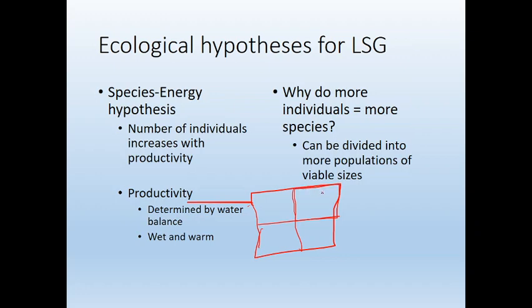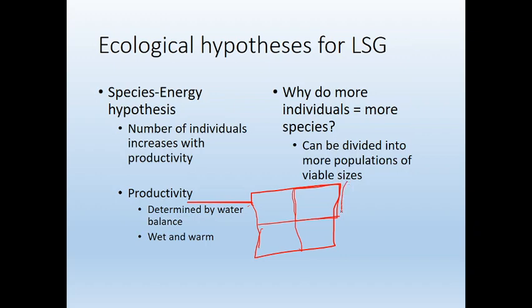That has to do with genetics and inbreeding and whether the population can survive weather events or just demographic events of a bunch of organisms dying.